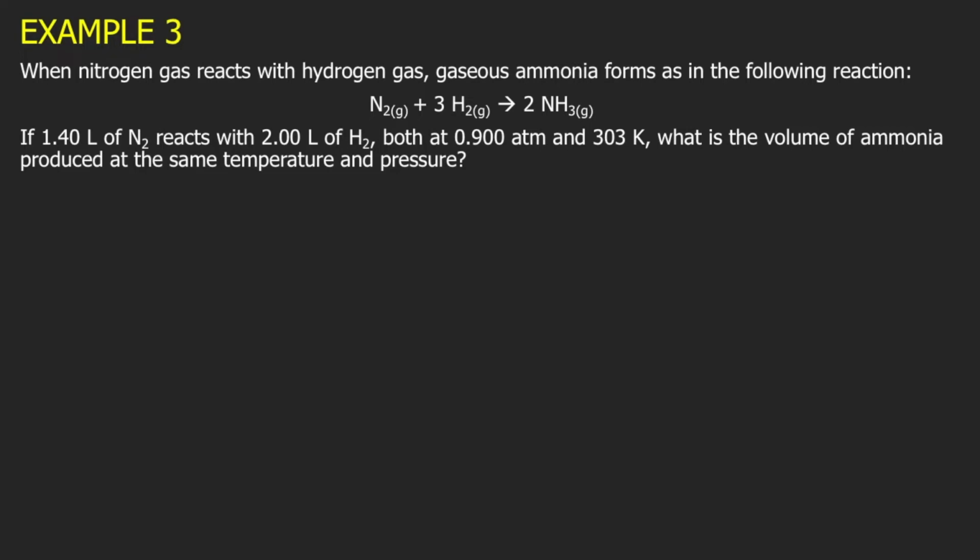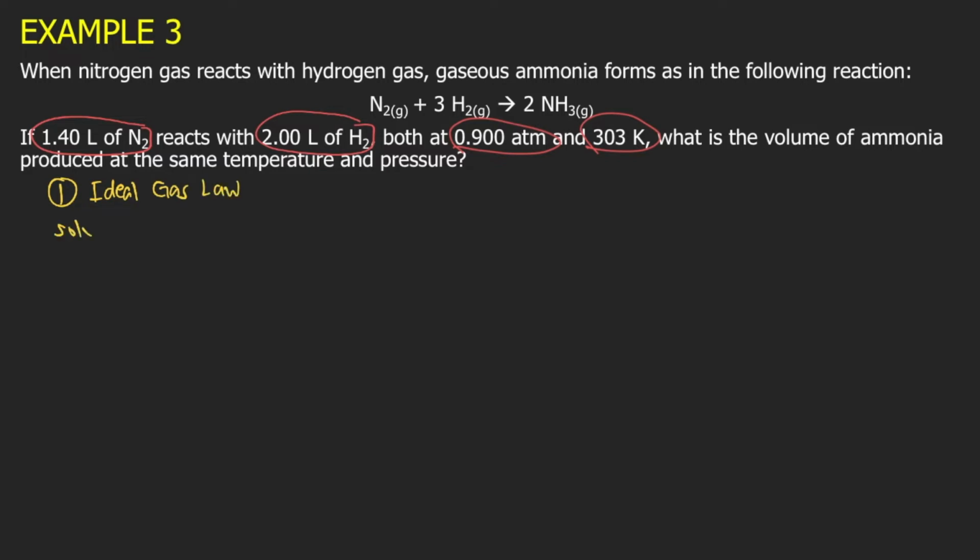So the problem gives us the volumes of the reactants: 1.40 liters of N2 and 2 liters of H2. It also gives us the pressure, 0.900 atm, and the temperature, 303 Kelvin. Given these data, the first step in the solution is using the ideal gas law.